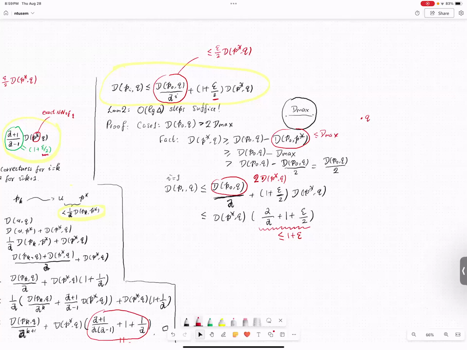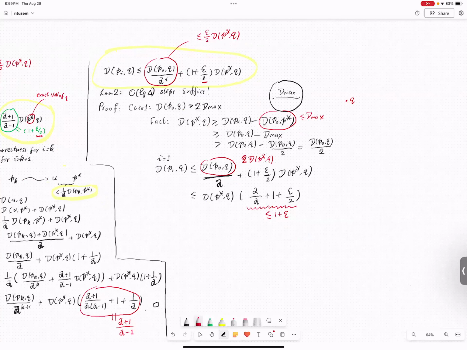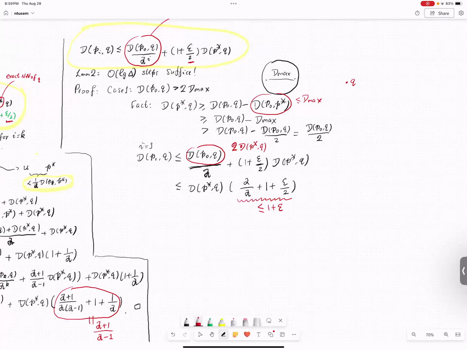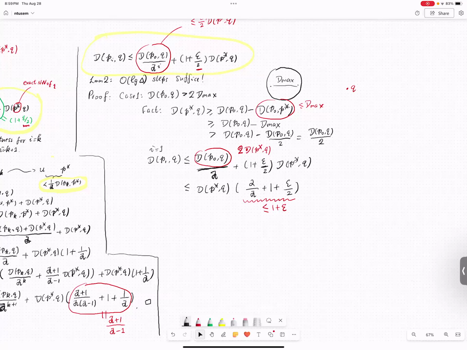What this is telling us is that P1 is good enough. P1 is definitely a 1 plus epsilon ANN. So this is the first case.